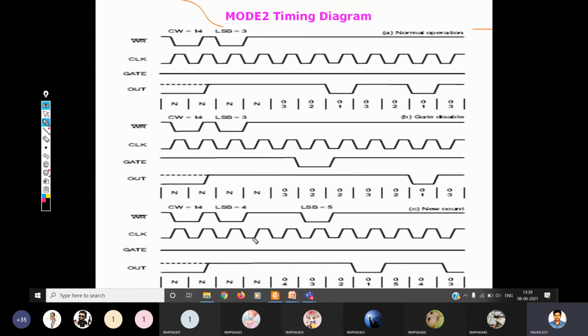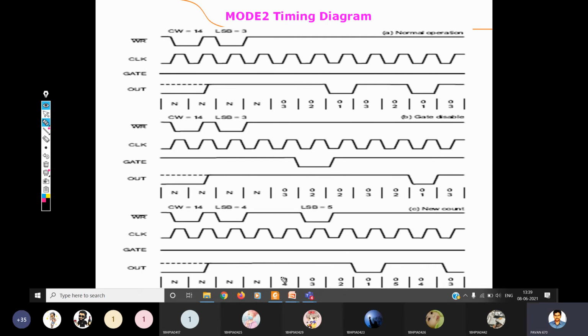Next condition is, suppose a new value is being loaded into the counter. So 4 is the value loaded, and from here onwards the counting is initiated. When will this new value take effect? After the current value's count is completed.